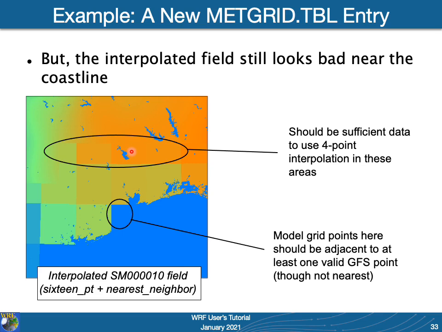So rather than using a 16-point interpolation scheme, as we get closer to land sea boundaries, we might be able to switch to a 4-point interpolation, which is basically a bilinear interpolation. And for some of these points in our model domain, for which the nearest GFS point was a missing point, perhaps instead what we could do is to interpolate or average from any of the surrounding valid GFS points, rather than simply taking the nearest GFS grid point.